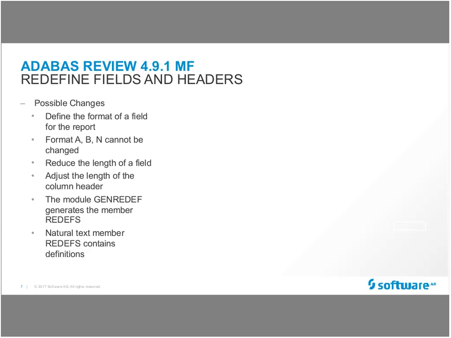You cannot change all, because, for example, the formats A, B, and N cannot be changed, but we will see in an example how it looks. You can reduce the length of a field. If you know that you just have 4 digits and the field has space for, say, 8 digits, then you can say I only need 4, for example. And you can adjust the length of the header. So whichever is larger dictates the column width at the end.